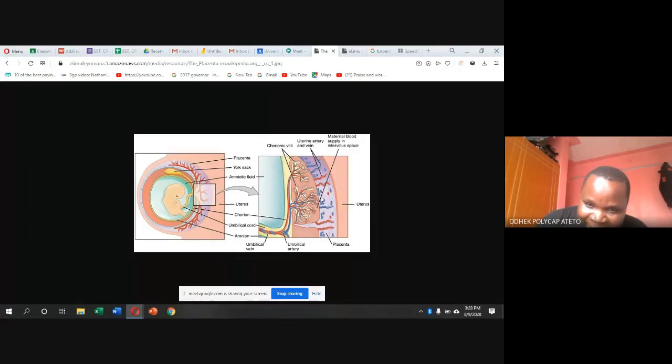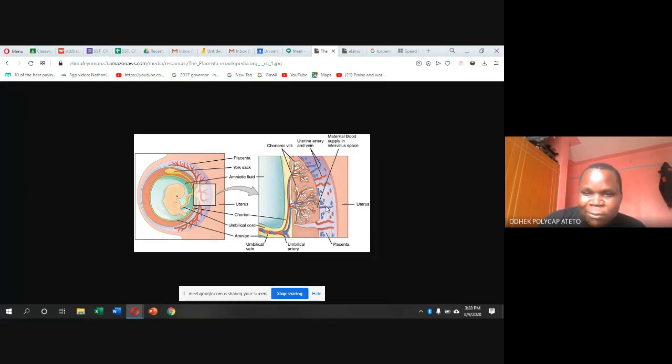So it is the mother, and then the mother released, and then after the mother has released, the umbilical cord will take the waste materials from the baby to the placenta, then the placenta to the mother. So that's the main thing that's taking place here. So the placenta is the mother of the fetus. It has so many functions.